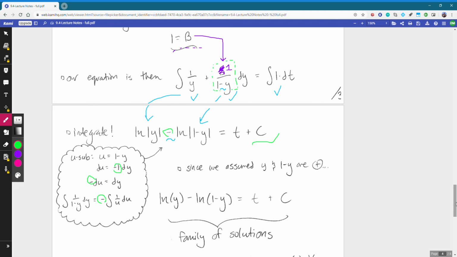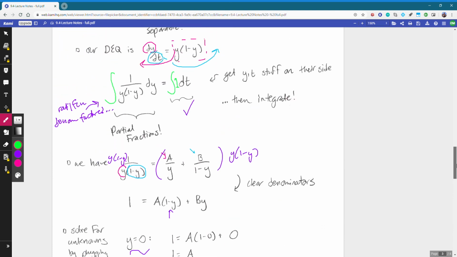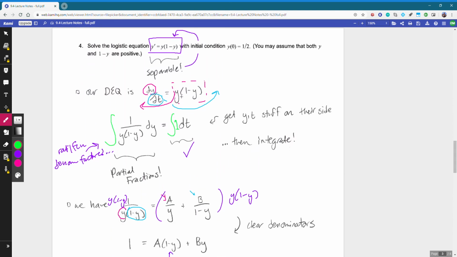At this point, we have two things left to do from the statement of the problem. If we look back up there, one of the things we wanted to do was figure out which one of these satisfied the initial condition, y of 0 equals 1/2.